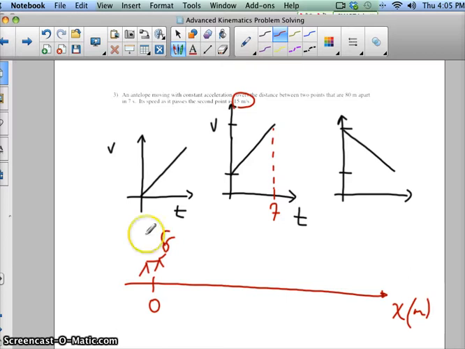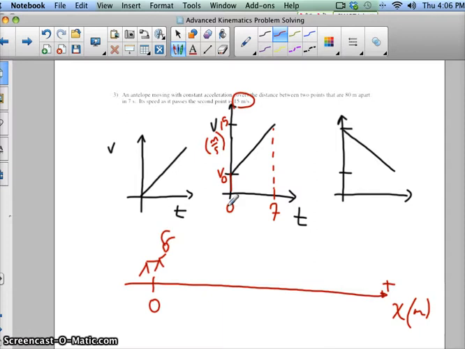And I'm going to have my antelope going in the positive direction, which gives me my positive velocity of 15 meters per second. Again, this is meters per second at the end. And I'm going to call the beginning velocity just v, because I don't know what it is. In fact, I could call it v naught for velocity at 0 seconds.